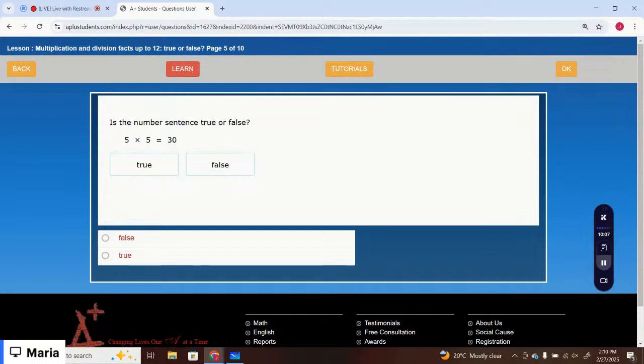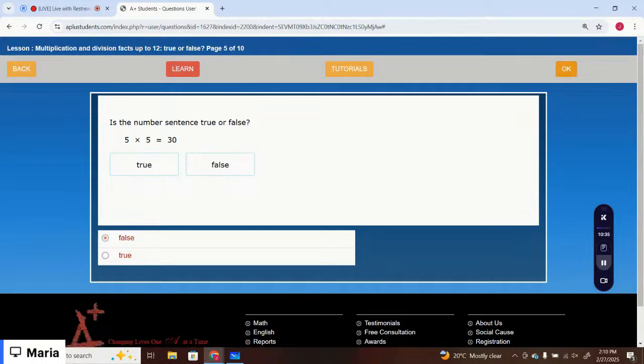Is the number sentence true or false? 5 times 5 equals 30. False, it is. 5 times 5 is 30.